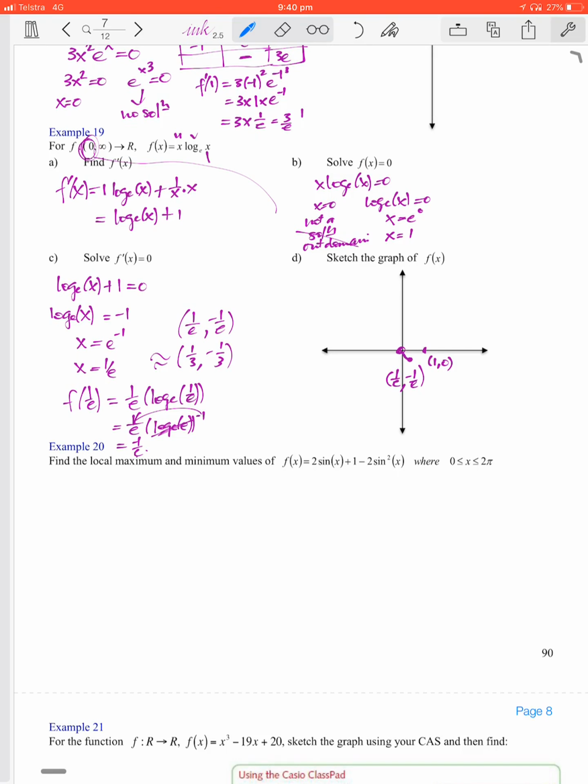So our graph's going to go down, and then I think it's going to go up. But we can test it. So let's find our next derivative. So we know f dash of x is equal to log e x plus 1.